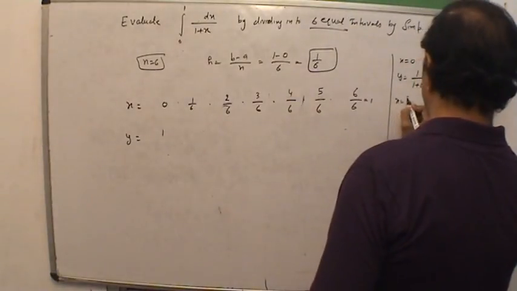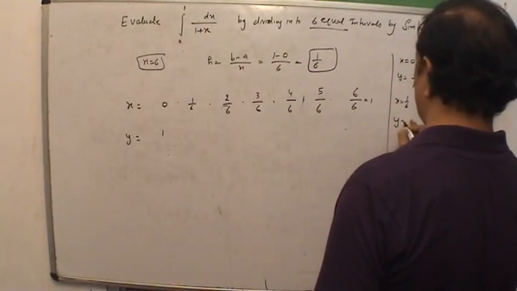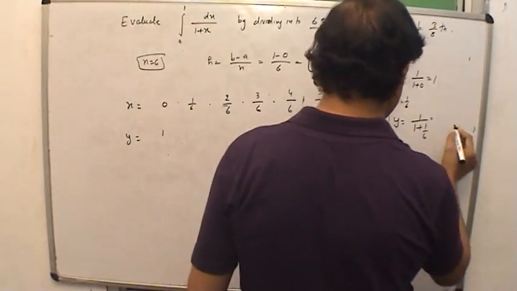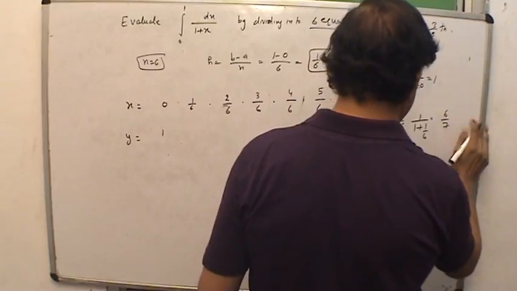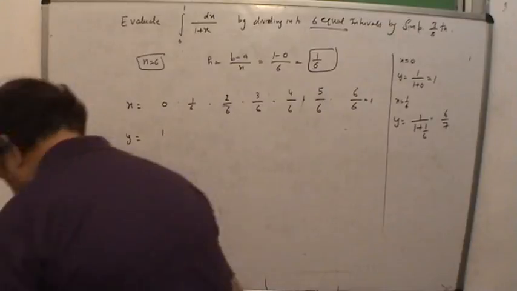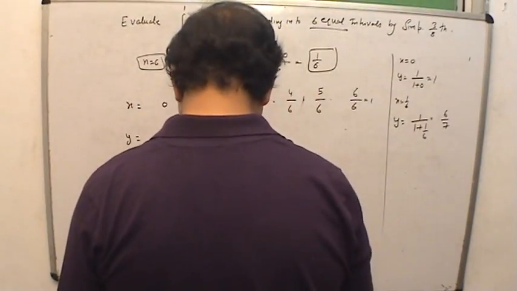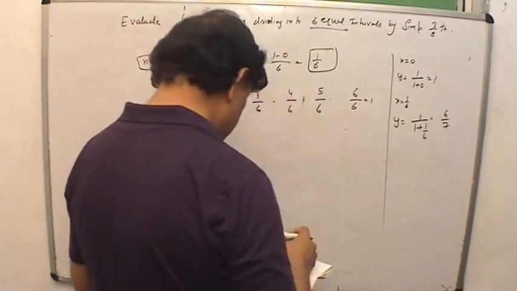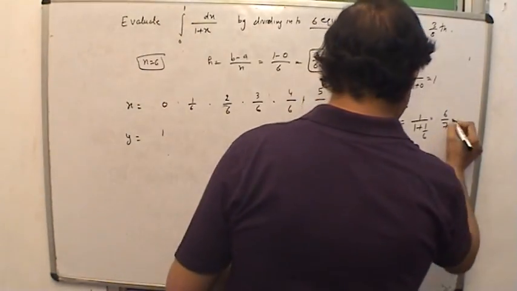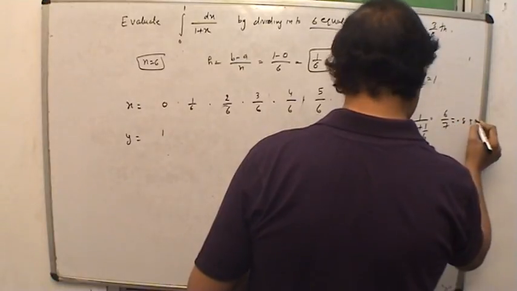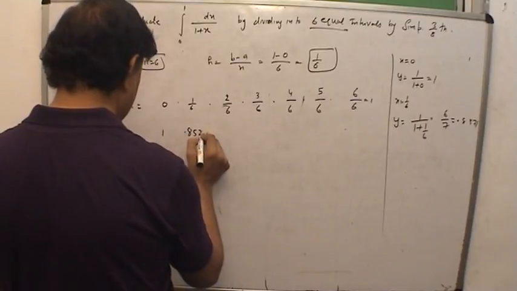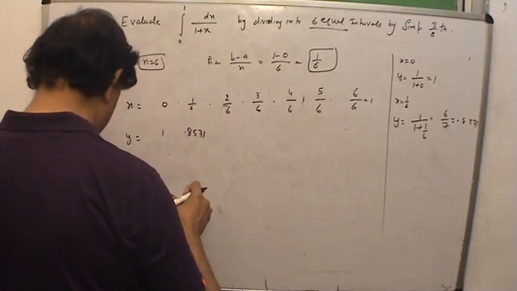When x is equal to 1 by 6, then y is equal to 1 upon 1 plus 1 by 6, that is equal to 6 by 7. That is 6 divided by 7, it is 0.8571.